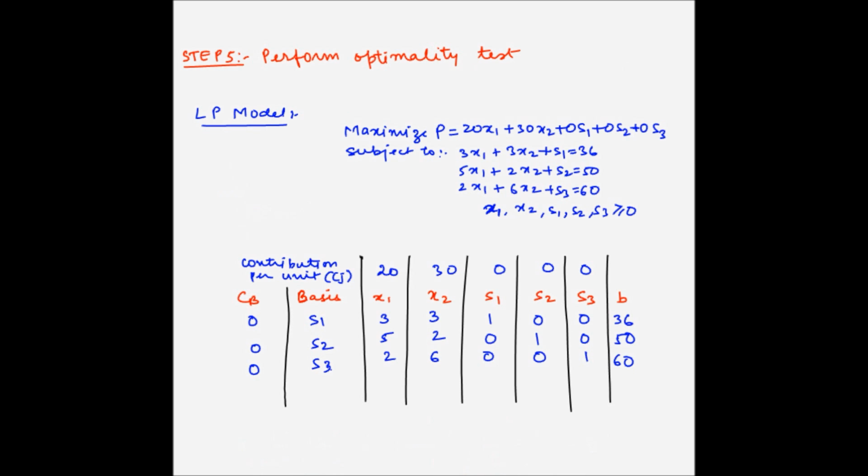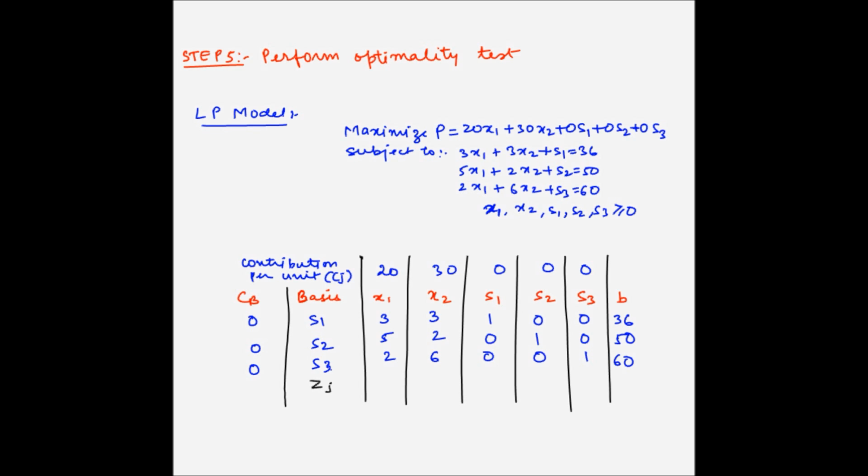So after we have established the initial basic feasible solution, we need to check if this is the optimal solution or not. So now two new rows need to be added to the simplex table. The first row is Zj.